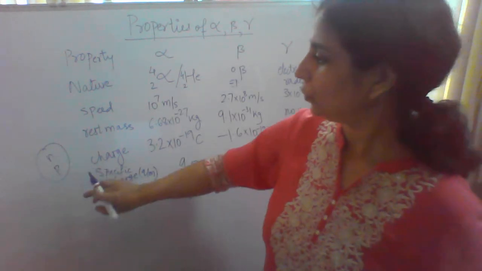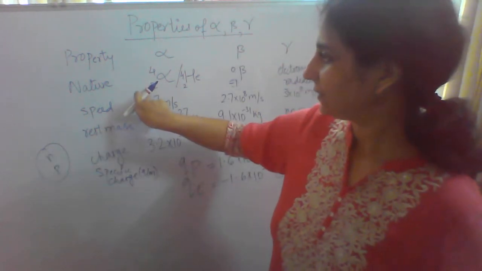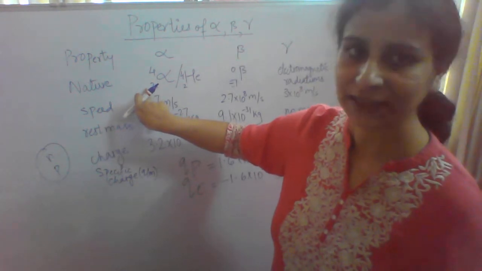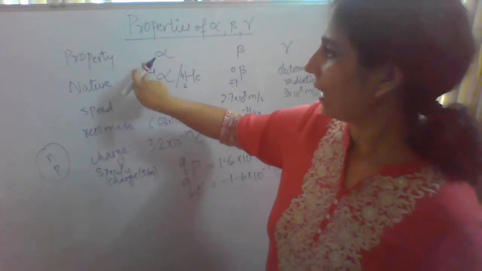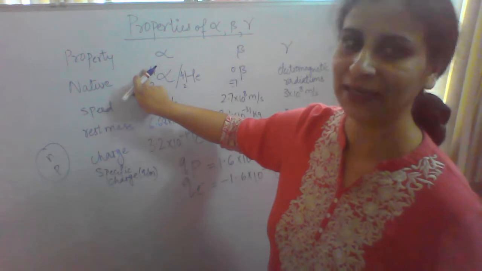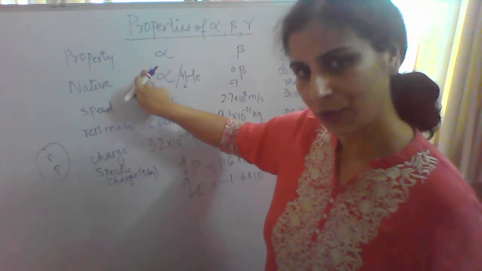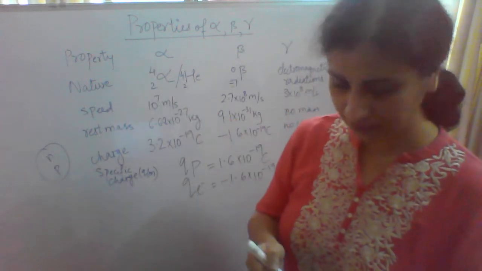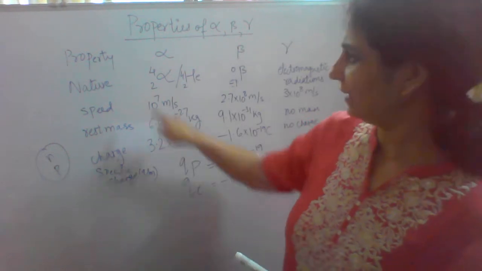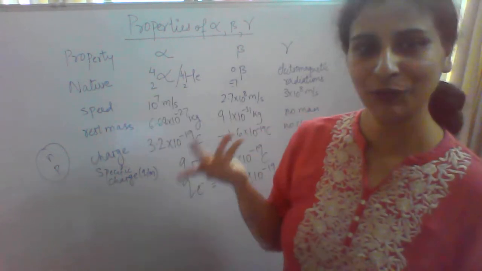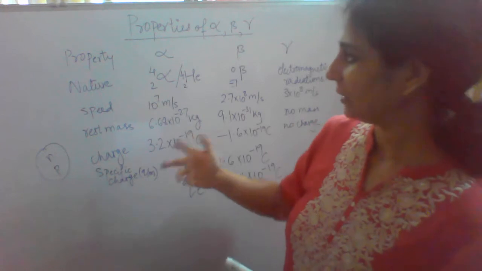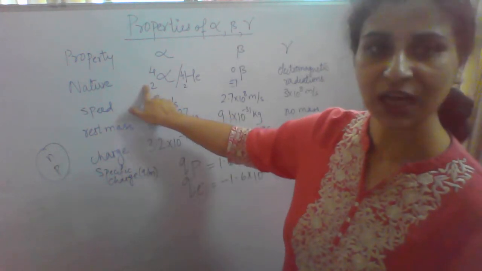So here this is giving us the charge, that is the proton number, and this is giving us the mass, that is the number of protons and neutrons together. If I just want the number of neutrons, then I just subtract this, and I will get the number of neutrons.